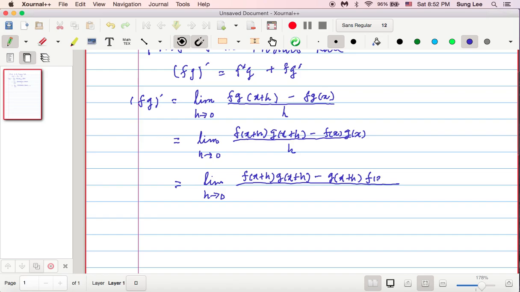So I am subtracting a new term from f of x plus h times g of x plus h, and in order to retain this equality, give and take, I have to add the same thing. Again, give and take. Minus, we have f of x times g of x.